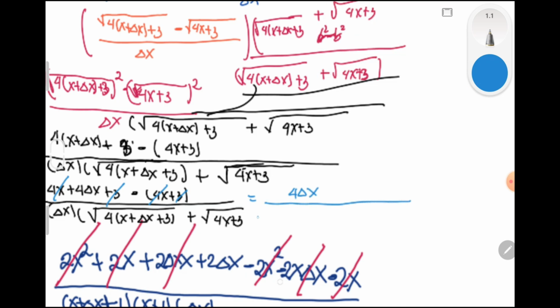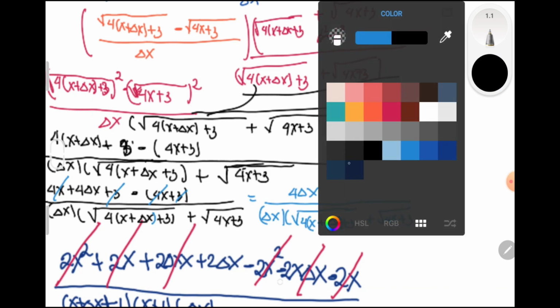divided by delta x multiplied by the square root of 4 multiplied by (x plus delta x) plus 3 plus the square root of 4x plus 3.